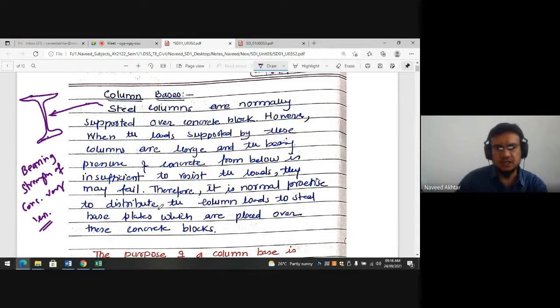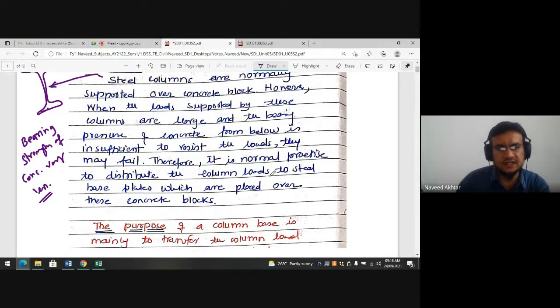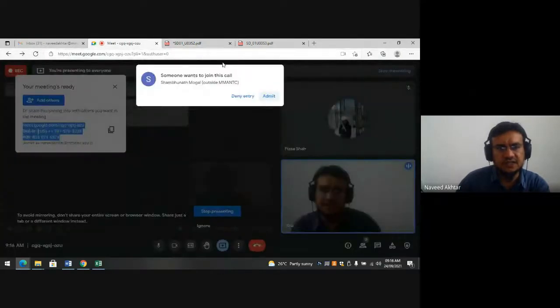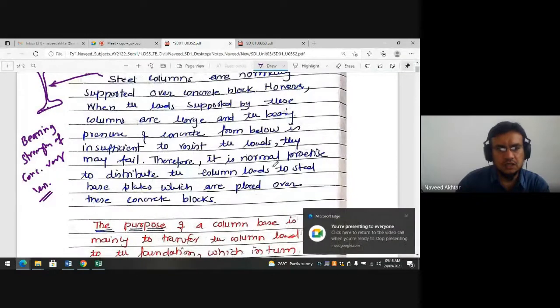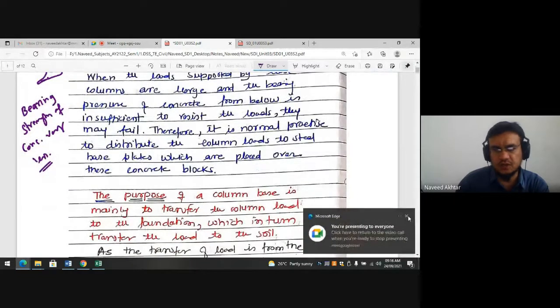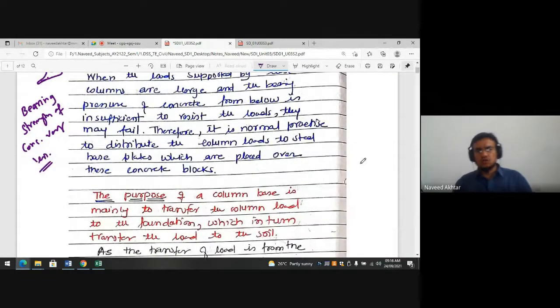Therefore, it is normal practice to distribute the column load to a steel base plate, which is placed over this concrete block.